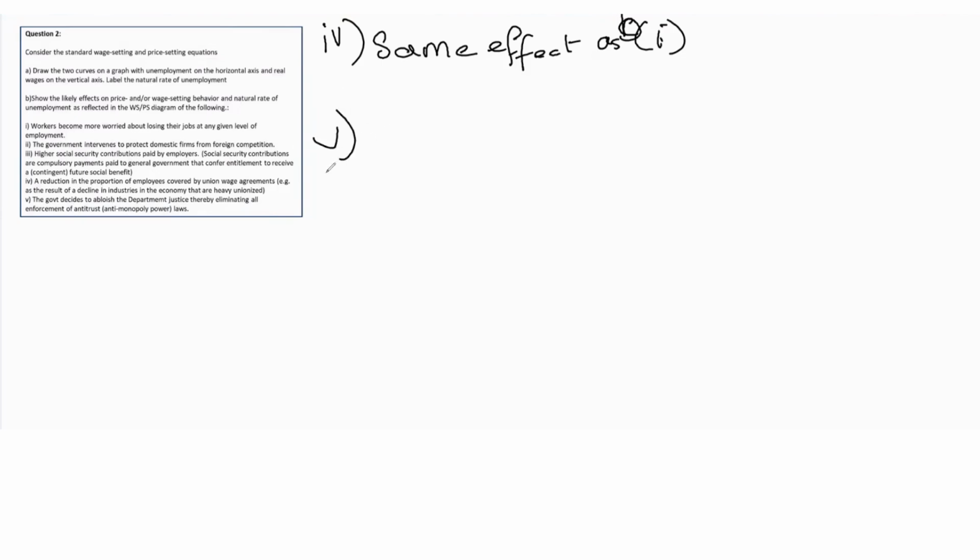Now, part five is the government decides to abolish the Department of Justice, thereby eliminating all enforcement of antitrust laws. Here we need to just note first that antitrust laws are regulations which encourage competition.